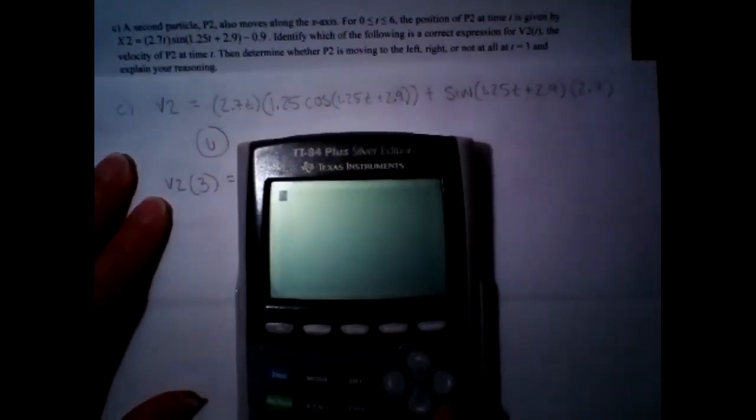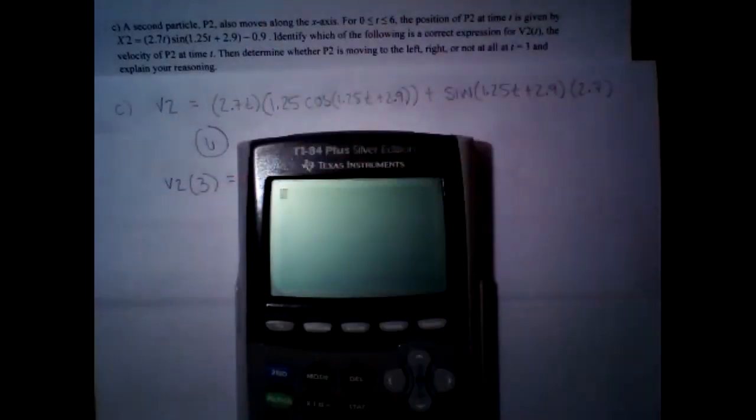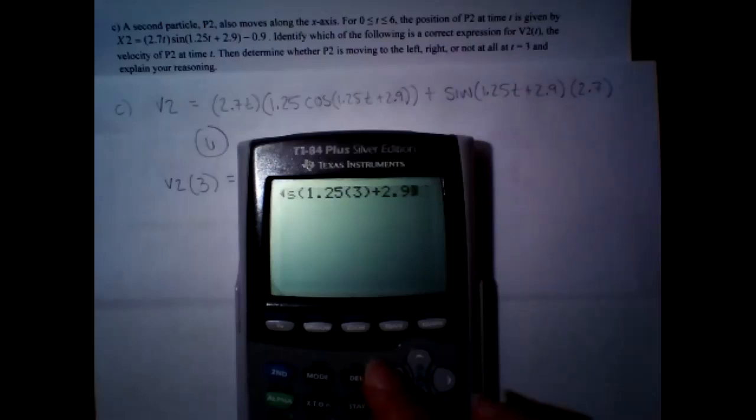All right, so let's plug in 3 to this gigantic mess. 2.7 times 3, and then times 1.25 cosine of 1.25 times 3 plus 2.9, close parentheses. Hold on, did I start another parenthesis that I need to close? Yeah, I did.